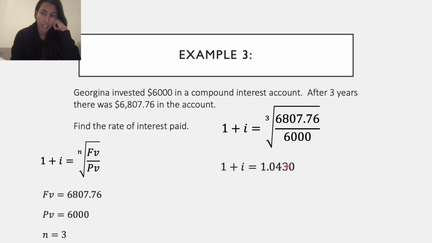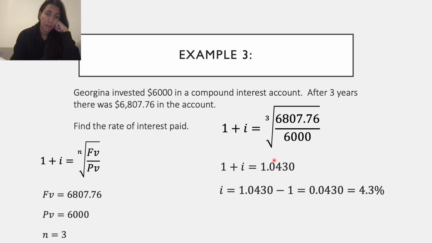If I did this part here on my calculator, it would become this. Then my final step would be to subtract 1, so I would get 0.043, and then I would convert that by multiplying it by 100. So I would get 4.3%.